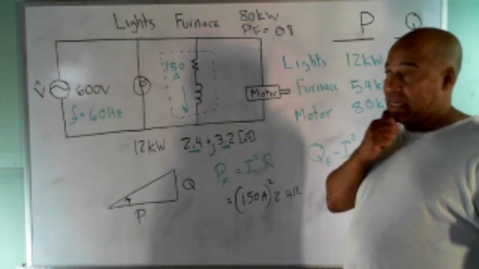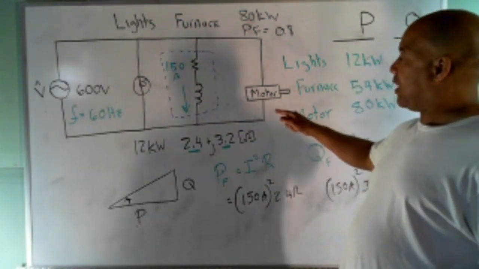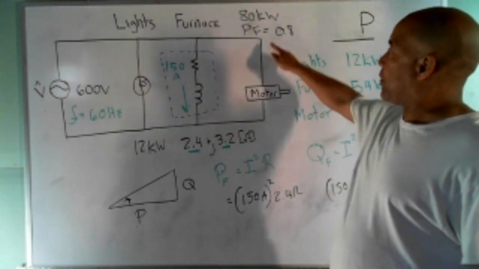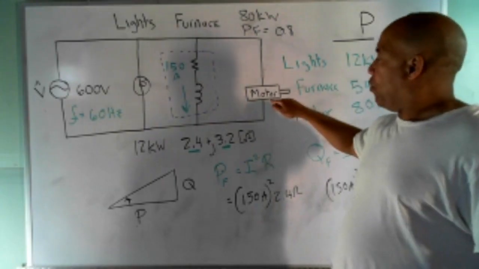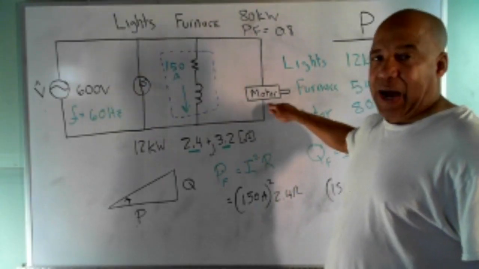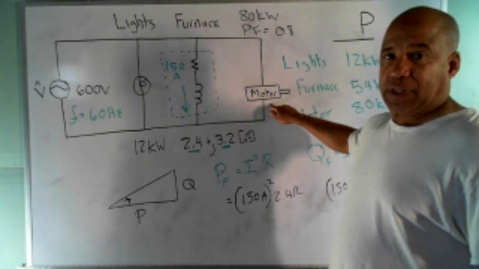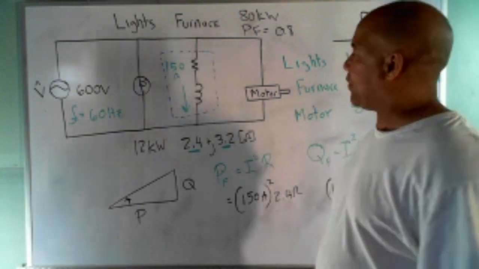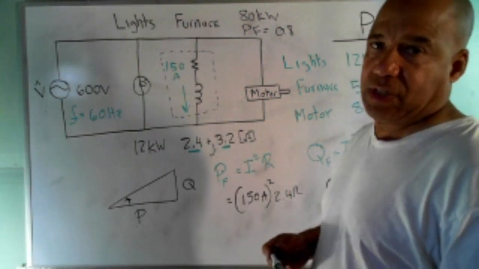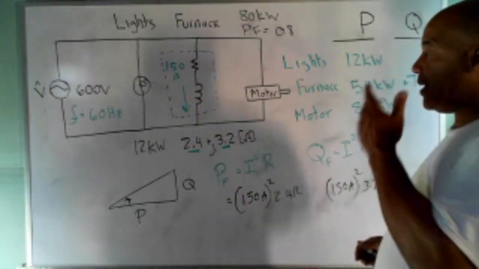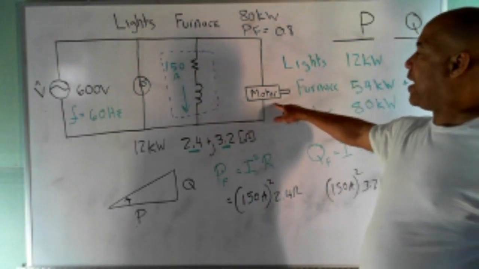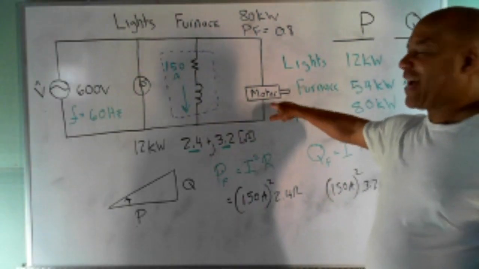Now I want you guys to think about that. Look at what's given for the motor. We know the motor, 80 kilowatts, and they gave us the power factor. What would be the reactive power for the motor? That's what you got to figure out. Some of you might have figured that out during the time that you were working. But in case you didn't, I'm going to pause just for a couple minutes to give you a chance to think about how would I find the reactive power in that motor.